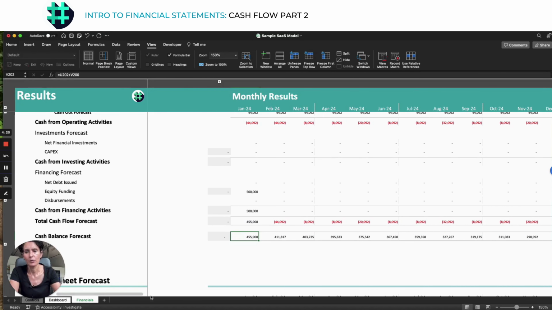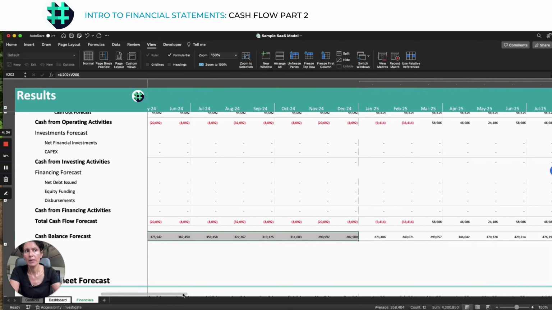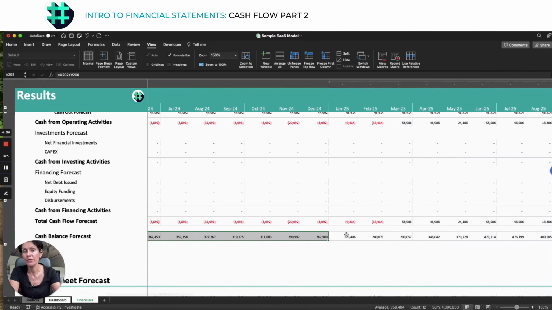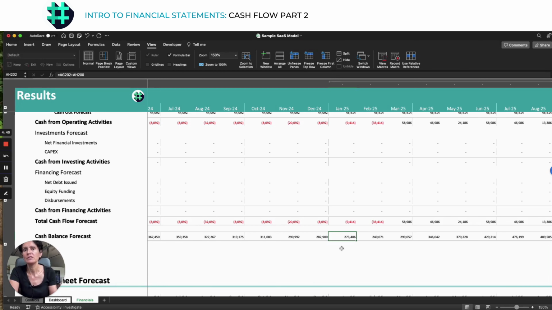And the way that you use the model going forward is to basically track your cash balance over time. And if this number turns negative, the month that it turns negative basically dictates the amount of runway that you have before your cash runs out and you need to fundraise again.